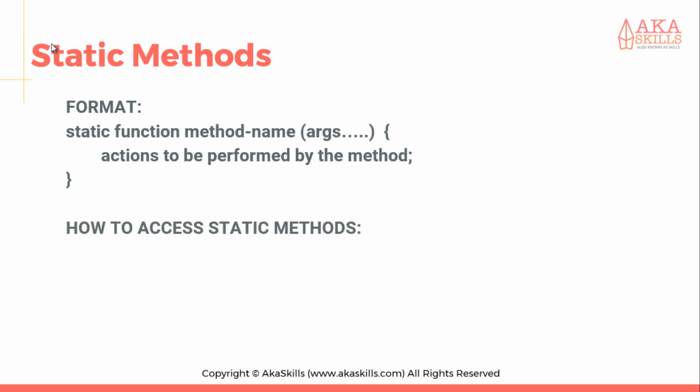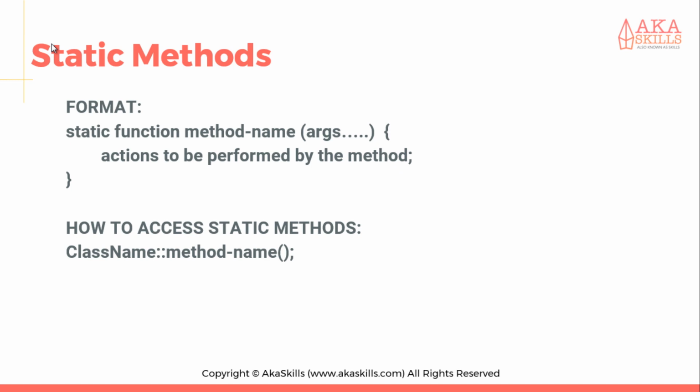But that's not all. You will also need to learn how to access a static method, as we don't do it the usual way. And it is as simple as this. All you simply do is say your class name, followed by double colons, and then your method name. And that is all. You have called or accessed your static method.